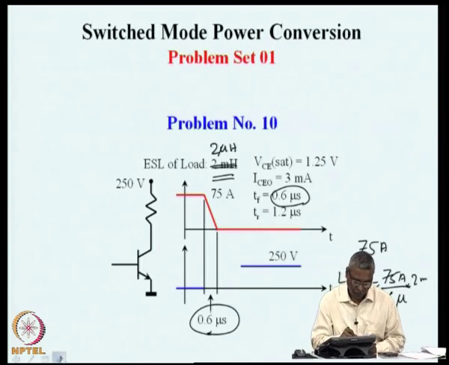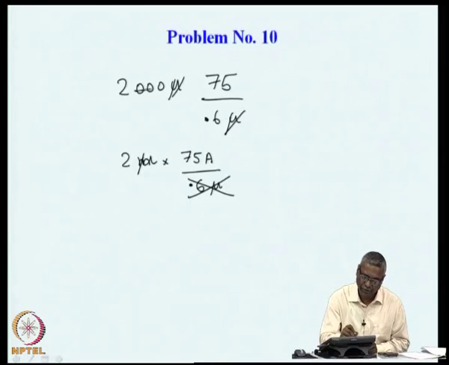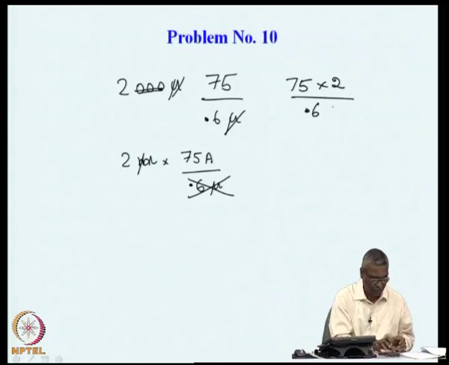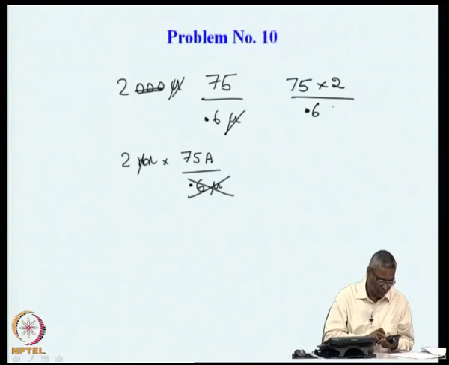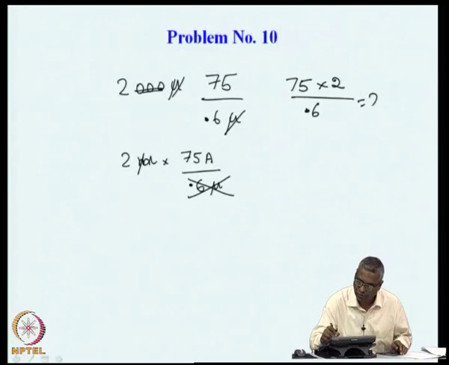Okay. So, then L di by dt is 2 micro by 0.6, which will be 75 into 2 divided by 0.6. That is 250 volts.